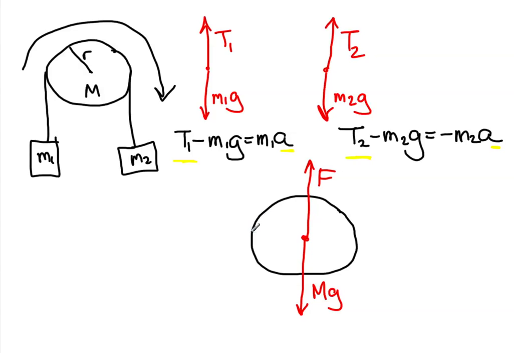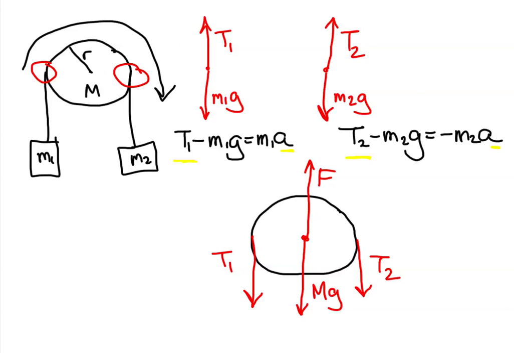Now, we have the two tensions, one here and one here. This one over here on the left is tension number 1, and it's pulling down because that's the way the string goes. And this one over here is tension number 2.